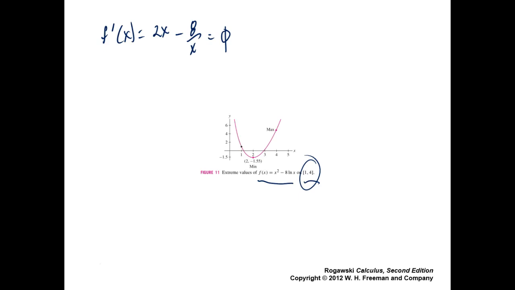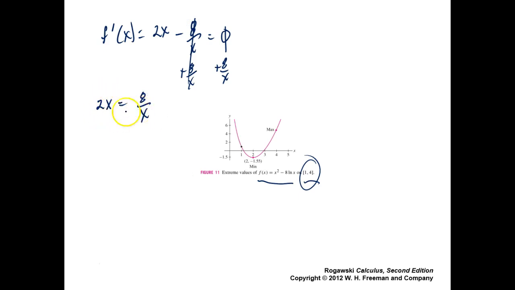So the next thing is, where is the derivative equal to 0? Let's solve that equation. We could add 8 over x to both sides, and that would give us 2x is equal to 8 over x.